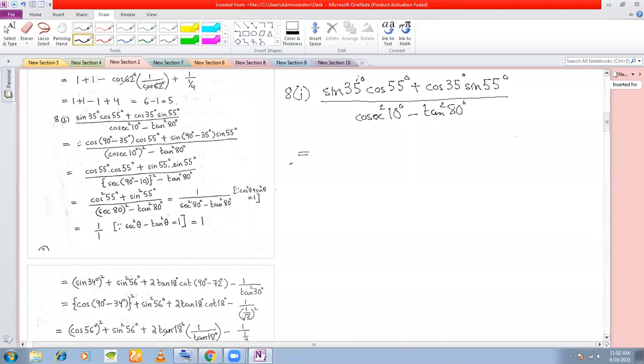Now if you see, 35 and 55 are complementary angles. Also sine can be changed to cos, and cos can be changed to sine. So let us change this sine to cos.